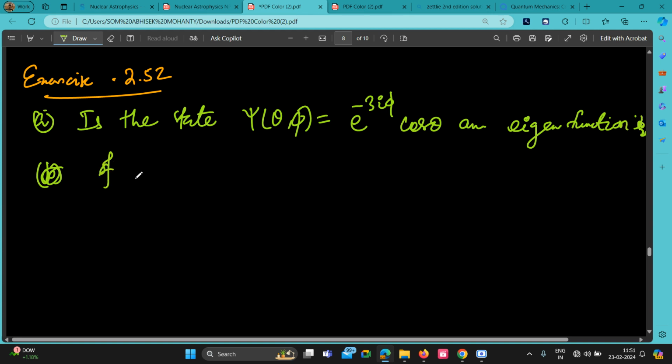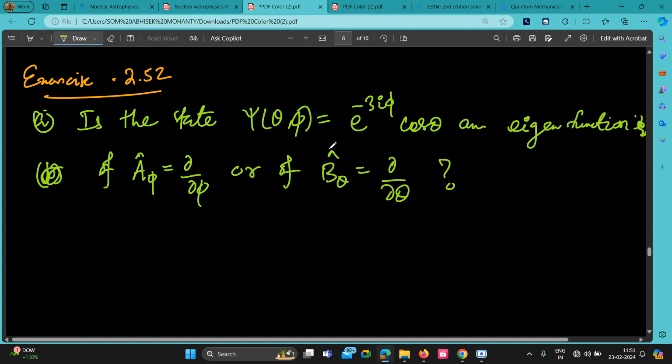My bad. Eigenfunction of A phi equal to del by del phi, or of B theta equal to del by del theta. So you have to decide which one this state is the eigenfunction of, whether it is A phi del by del phi or B theta del by del theta.